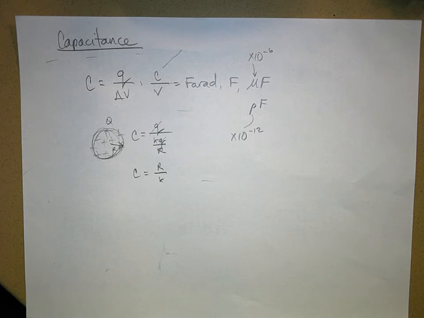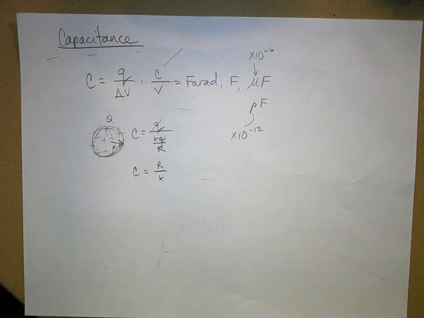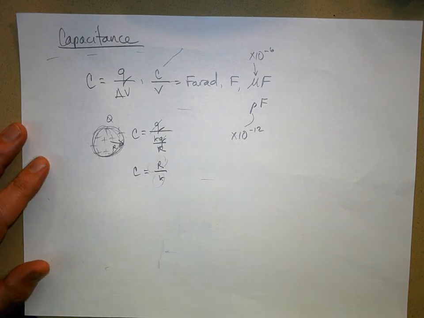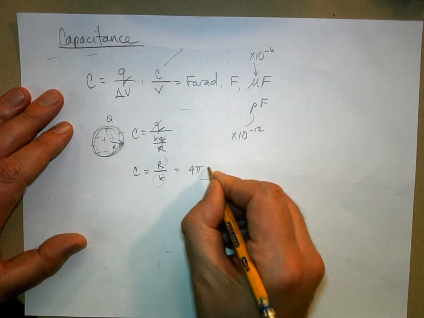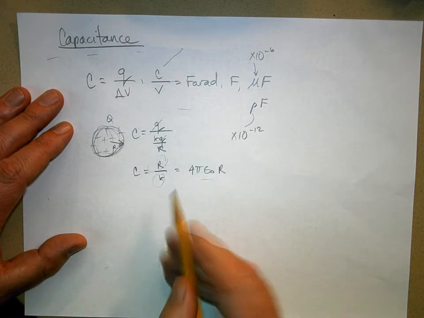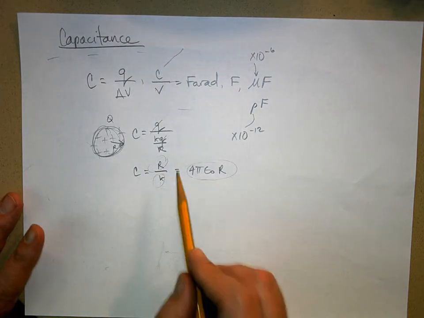First, the capacitance of a charged sphere. There's only one thing that's essential about the geometry of a sphere, and that is its radius, times the constants of nature. Sometimes this is written as 4 pi epsilon naught times R, because 1 over K is 4 pi epsilon naught. That's how they write it in the book, but R over K is perfectly good.